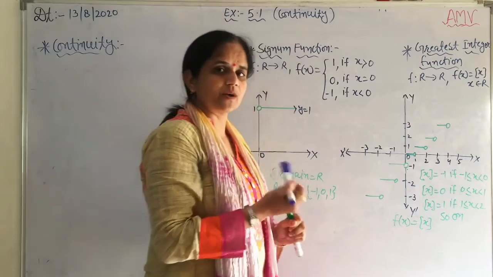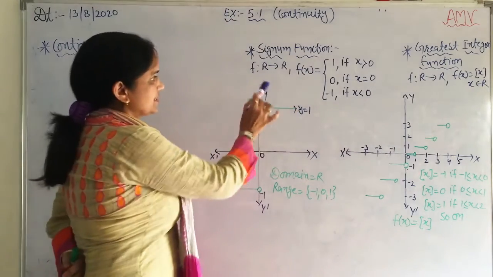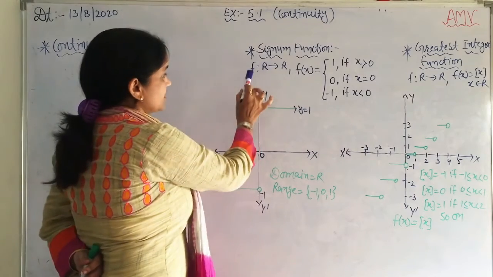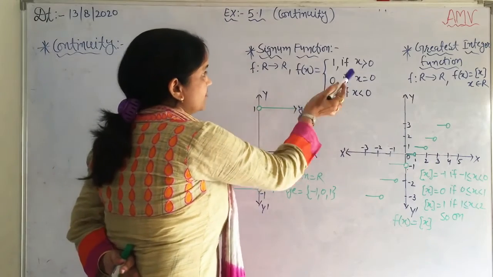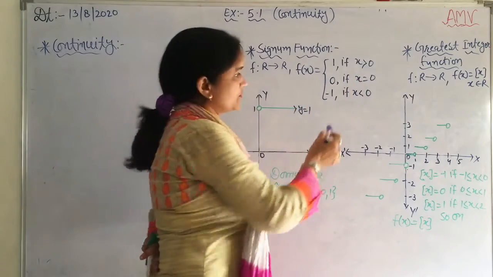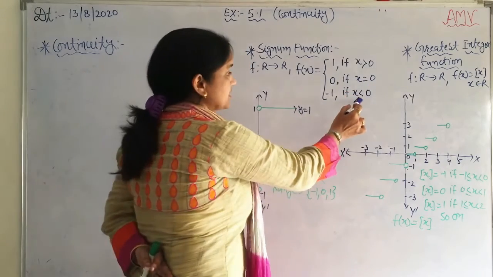So first look at the graph of the signum function. It is a function from R to R, and f(x) is given as 1 when x is greater than 0, 0 at x equal to 0, and minus 1 when x is less than 0.